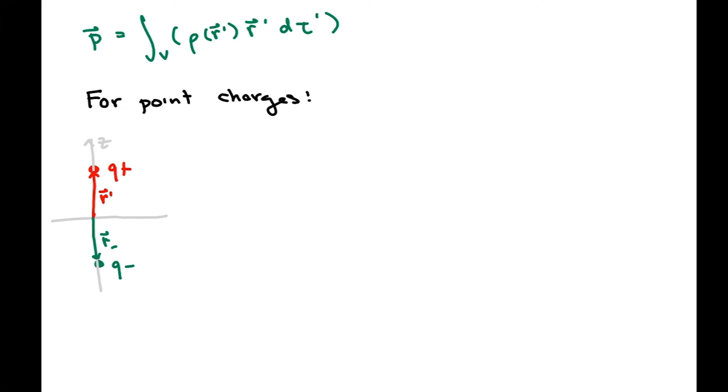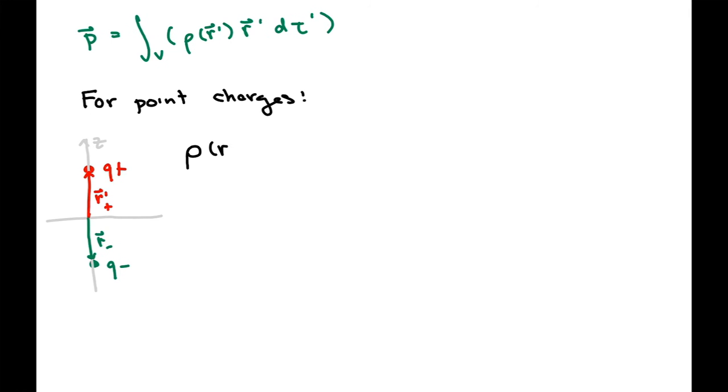So if I were to write out what the charge density of these guys is, rho of r prime. Remember, for point charges, when we're doing the charge density, we need to use Dirac delta functions because there's an infinite amount of charge at an infinitely small volume right here. So I can imagine describing that with a function that is 0 except for right at this point, and that's what the Dirac delta function is.